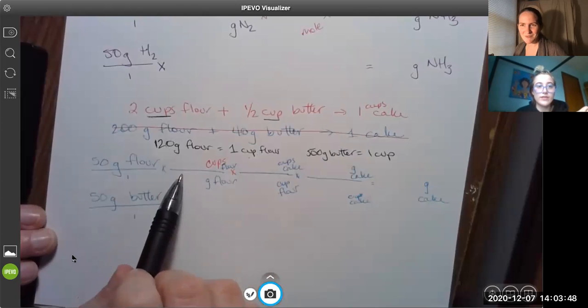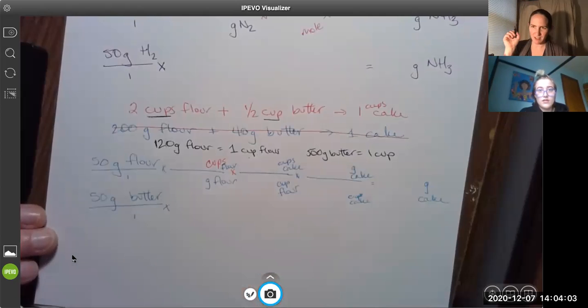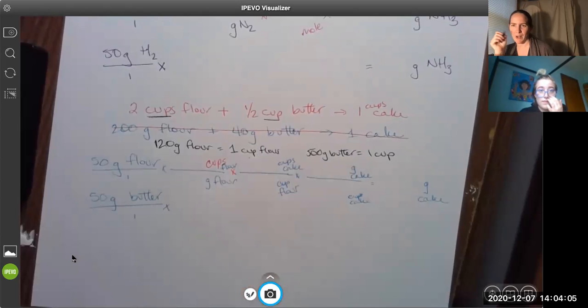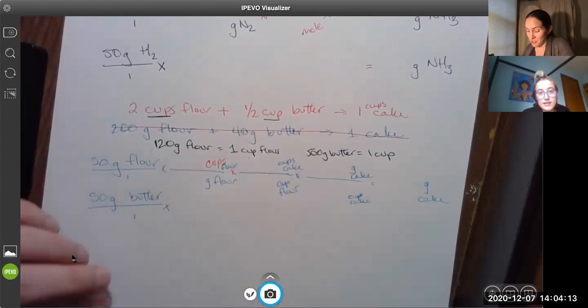So like with the 50 grams of flour, 2 cups, would it be like 1/4 of a cup to 50 grams? You're on the right track. Yes, you're thinking like what fraction of a cup is 50 grams? Yeah, we could do it that way too.